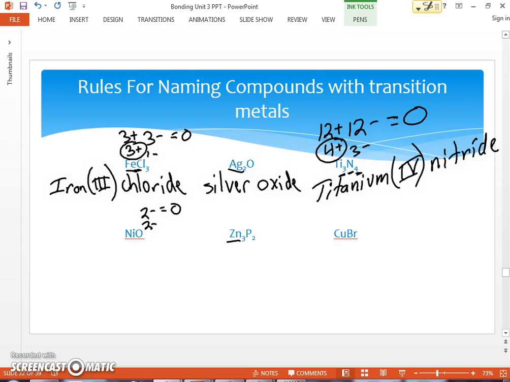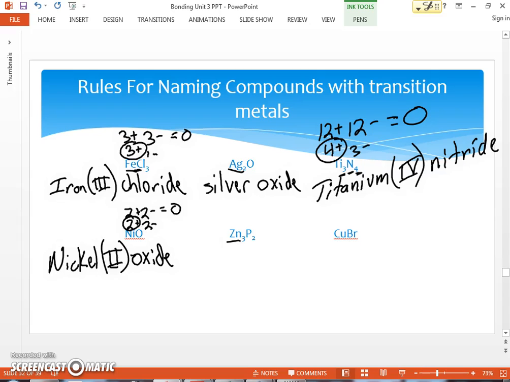To get that to equal 0, well, that would be a 2+. I only have 1 nickel, so 1 nickel is a 2+. I'm going to use that to write my Roman numerals. So this would be nickel 2 oxide, so oxygen to oxide.